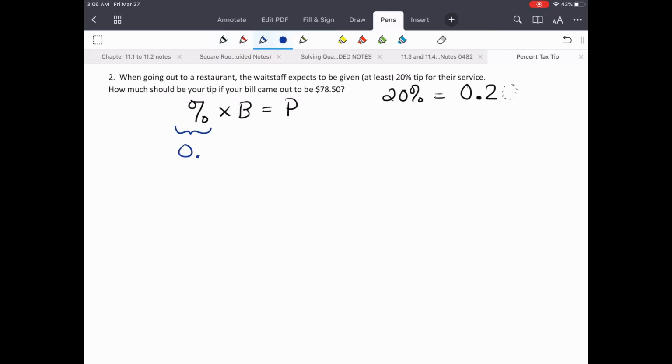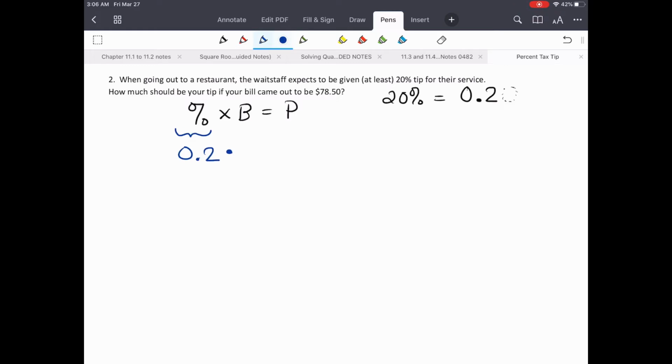So I'm going to write 0.2, and then we're going to multiply that by the base, which in this problem is $78.50, and the part this time is just going to be the tip. We want to know what the tip is.